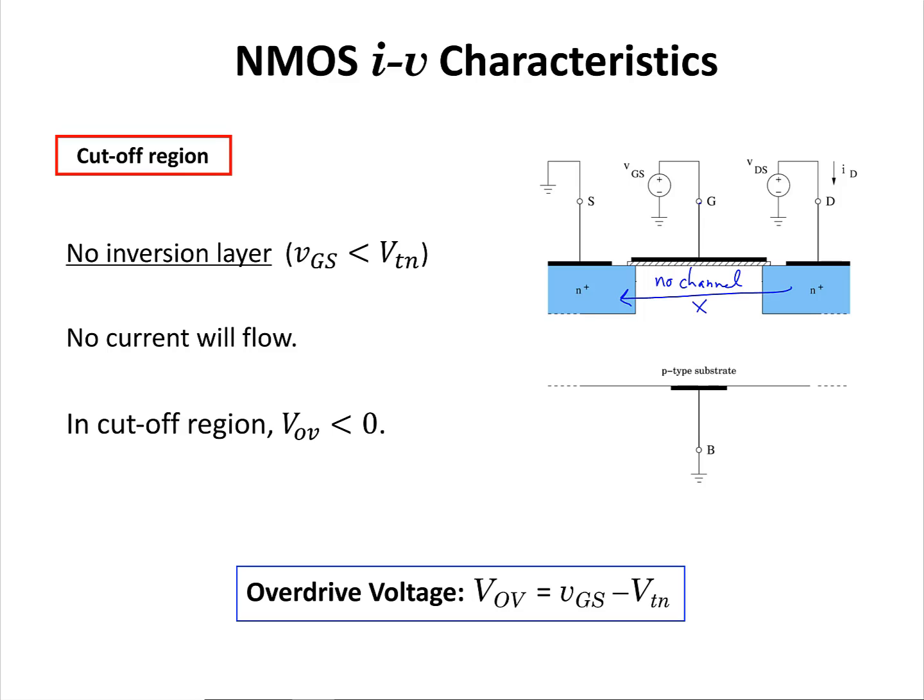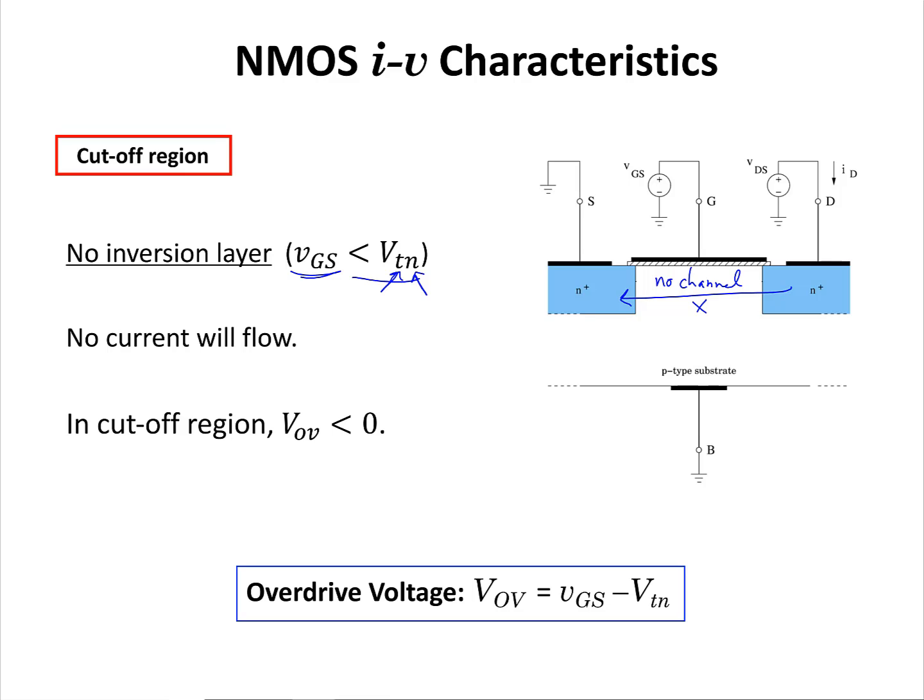This happens when the gate to source voltage is less than a parameter called the threshold voltage of an NMOS, V_TN. T stands for threshold and N stands for the NMOS, the type of the transistor. Threshold voltage is a parameter of a MOSFET transistor, and the value of it is going to be given in the datasheet for any specific transistor.